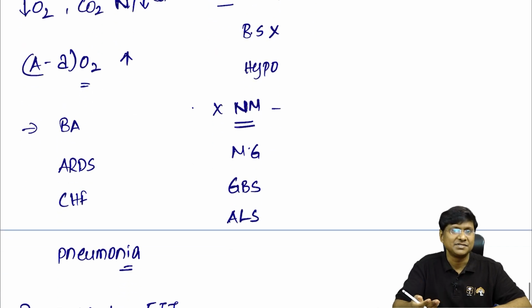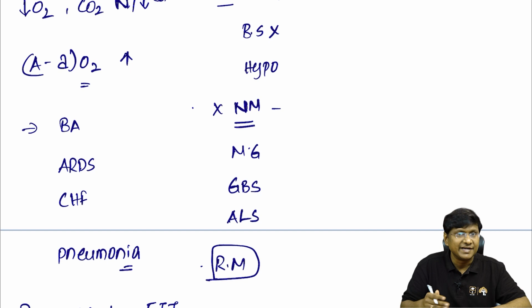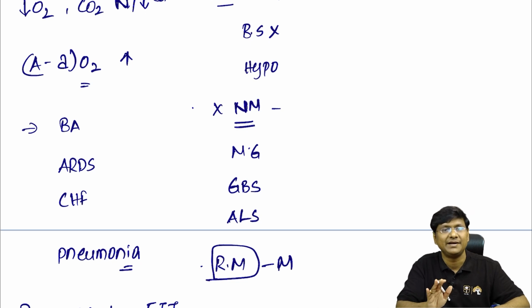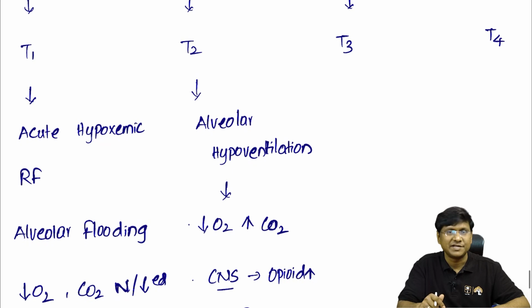And the other conditions are cervical spine injury and Duchenne's muscular dystrophy. And the other conditions are those where there is direct respiratory muscle weakness itself. You observe that in patients with myopathy as well as electrolyte derangement. These are all the etiologies that will be causing your type 2 respiratory failure.